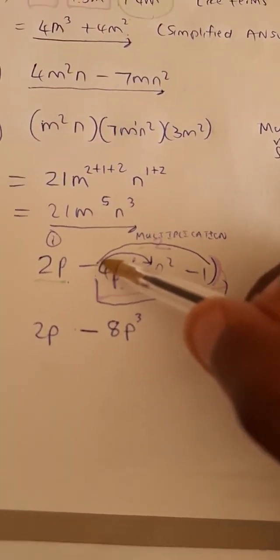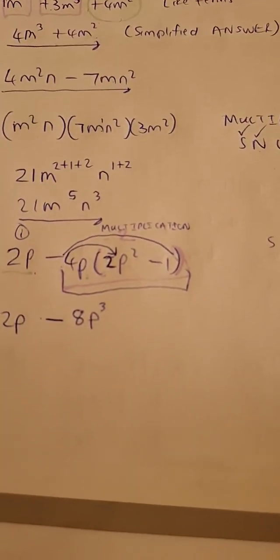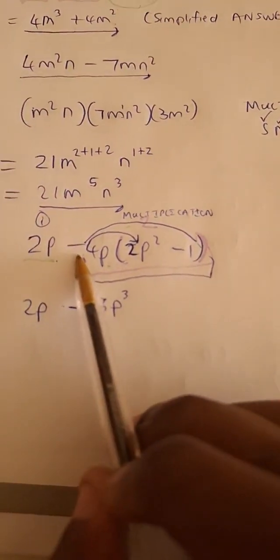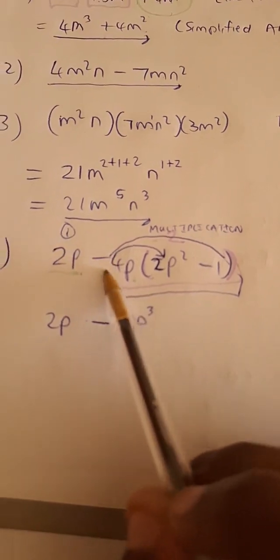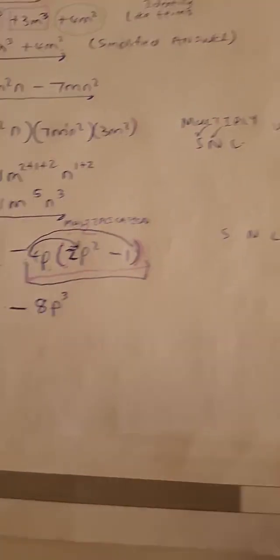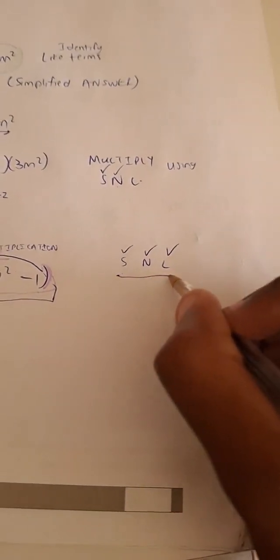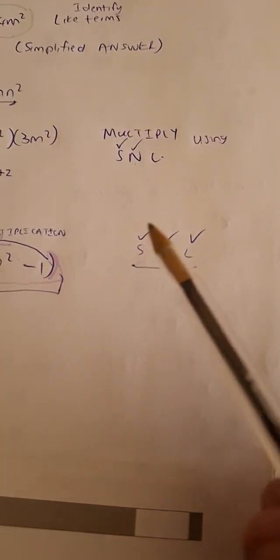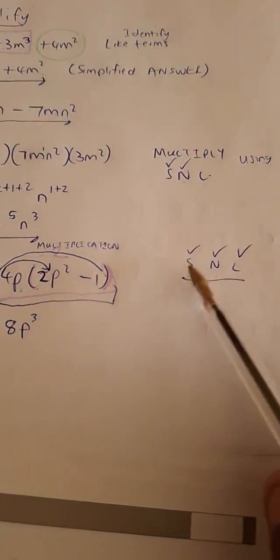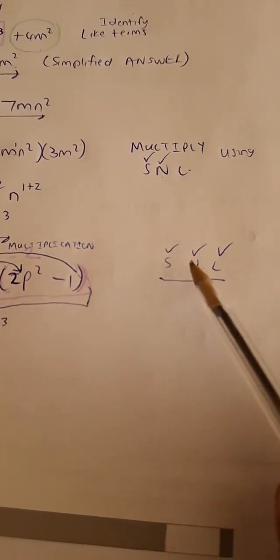Then we take that same negative 4p, and we distribute it to negative 1. Do not forget to consider the sign as you distribute. That's why, guys, I'm insisting on multiplying using S and L. The S and the N and the L stand for sign, number, letter.